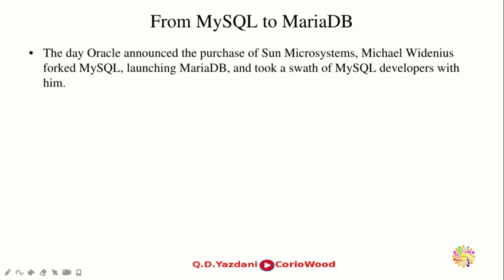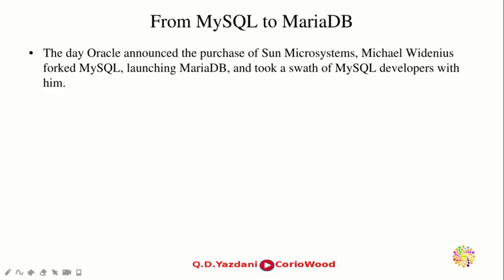Why did Michael Widenius do this, and why did he launch MariaDB as free and open source software? Because he couldn't trust Oracle. Oracle is a company that is in the habit of purchasing big software corporations, and MySQL is very, very famous.